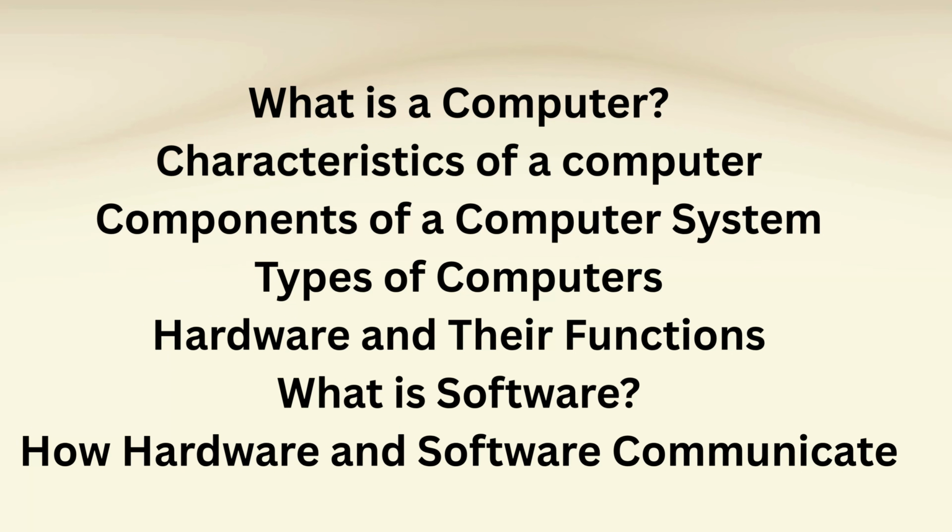We have different types of computers. We also talked about the components of the computer. What does the computer consist of? From there, we talked about the input, output, storage devices, and also the processing devices. I talked about the software and then the hardware. Please don't forget that. Then how the software and hardware communicate.